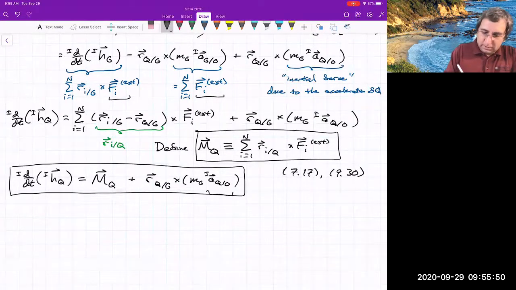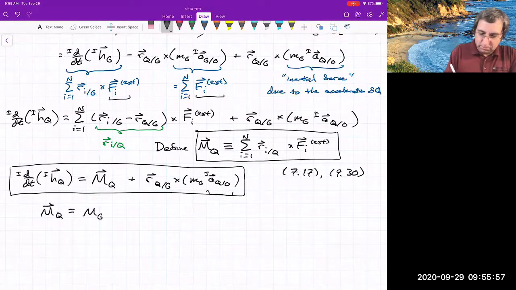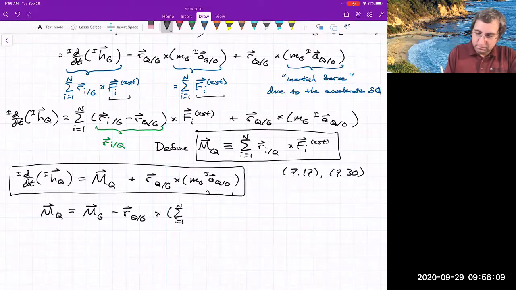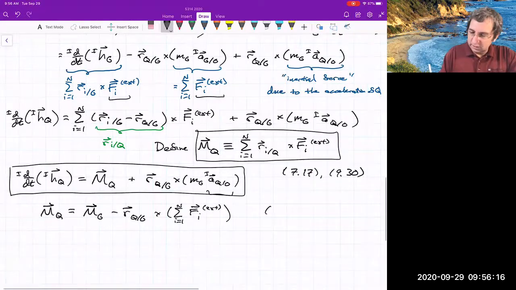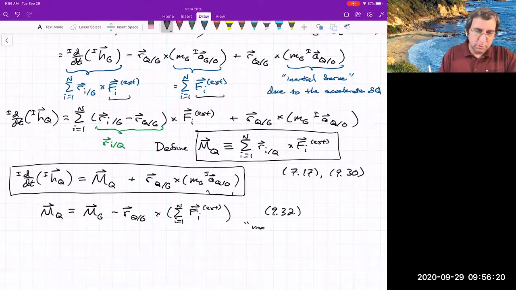There's also this fact that the moment about Q is equal to the moment about the point G minus R Q G cross, and I'll just write this, the sum of the total force. The book calls this the moment transport theorem.